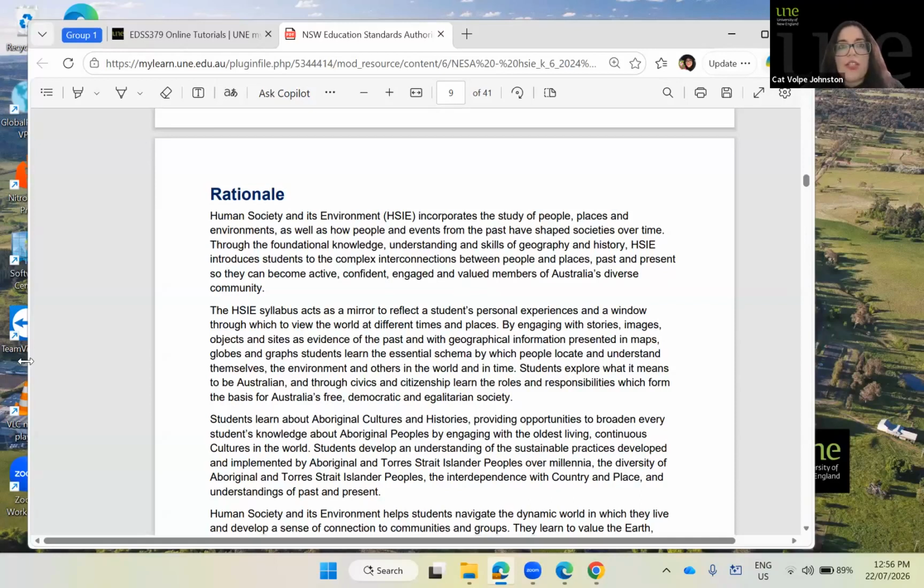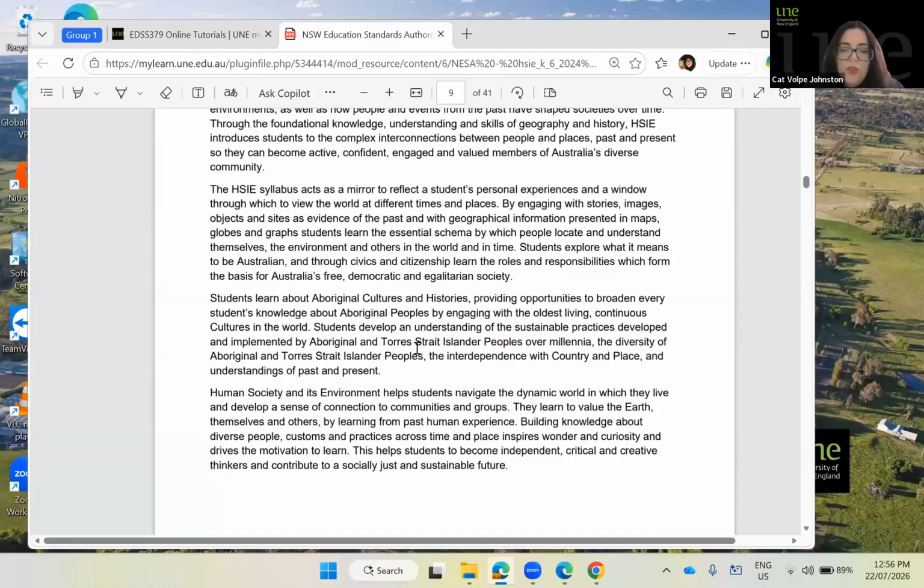So if you look at the previous two syllabuses for history and geography, 2012, 2015, you can see that the aim, which we'll look at in a moment, comes from or is very much similar to this paragraph here. The idea of becoming active and informed citizens and the skills, interconnections between people and places, past and the present.